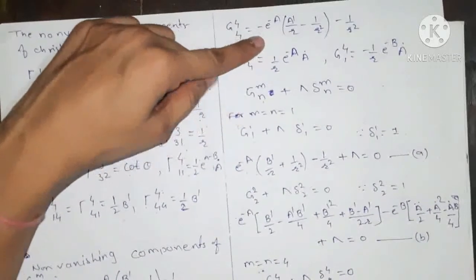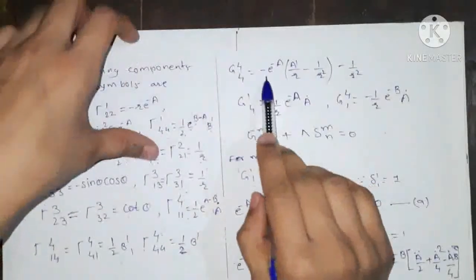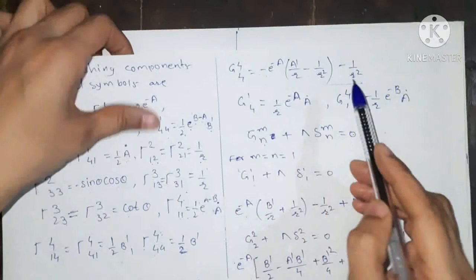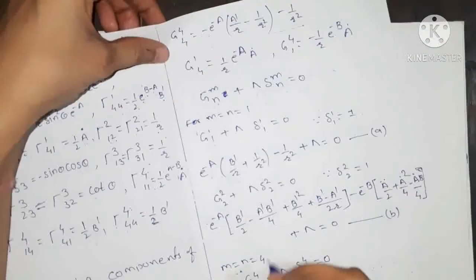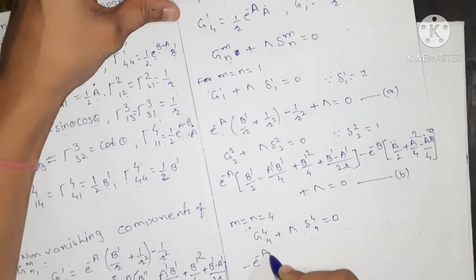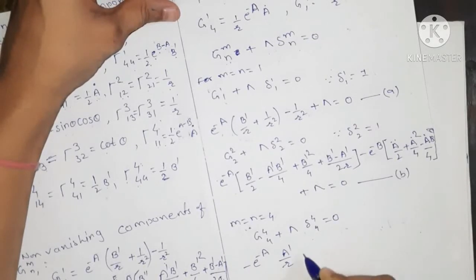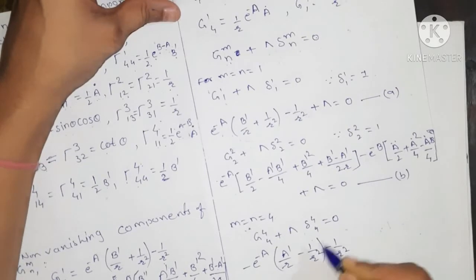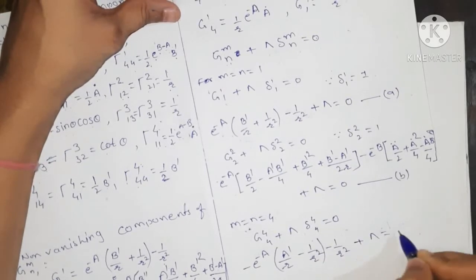The value of G44 is this one, we have to substitute here. So G44 is minus e to the power minus a dash upon r minus 1 upon r square plus 1 upon r square plus capital lambda equals to 0.